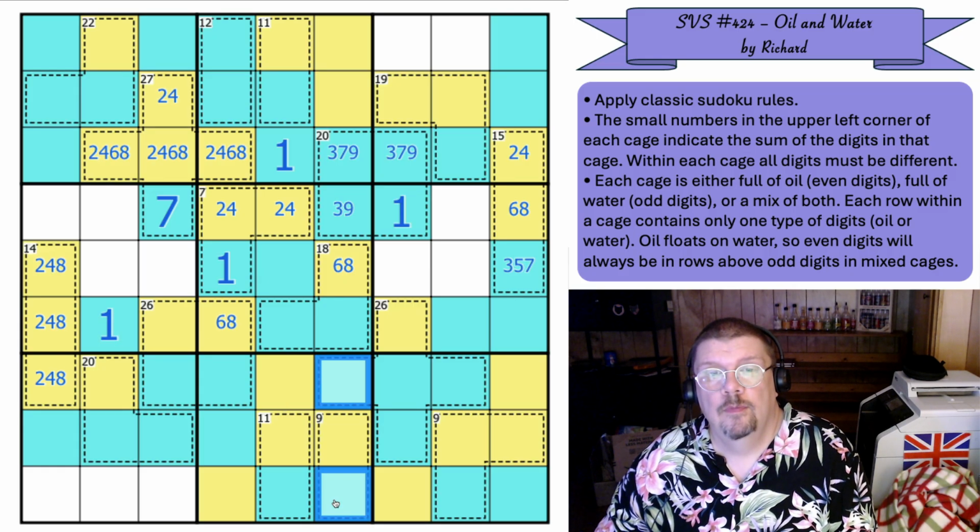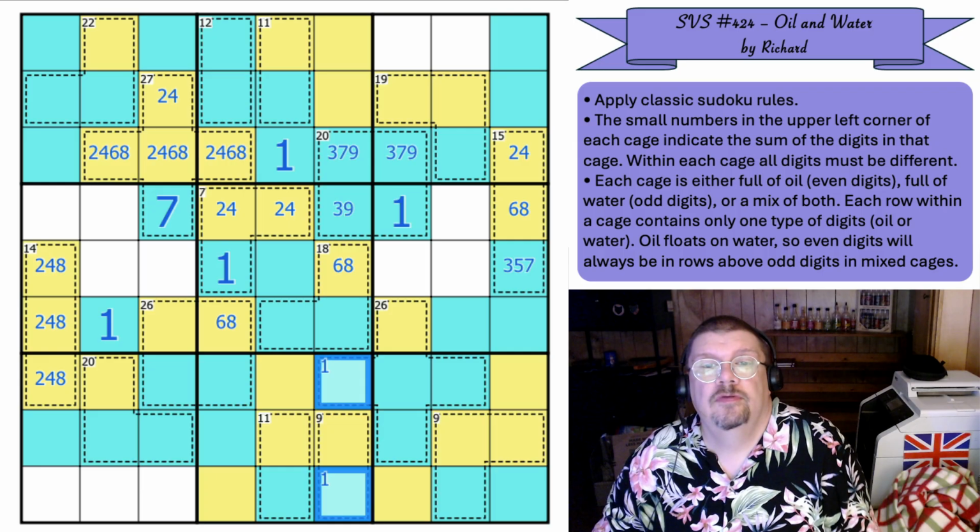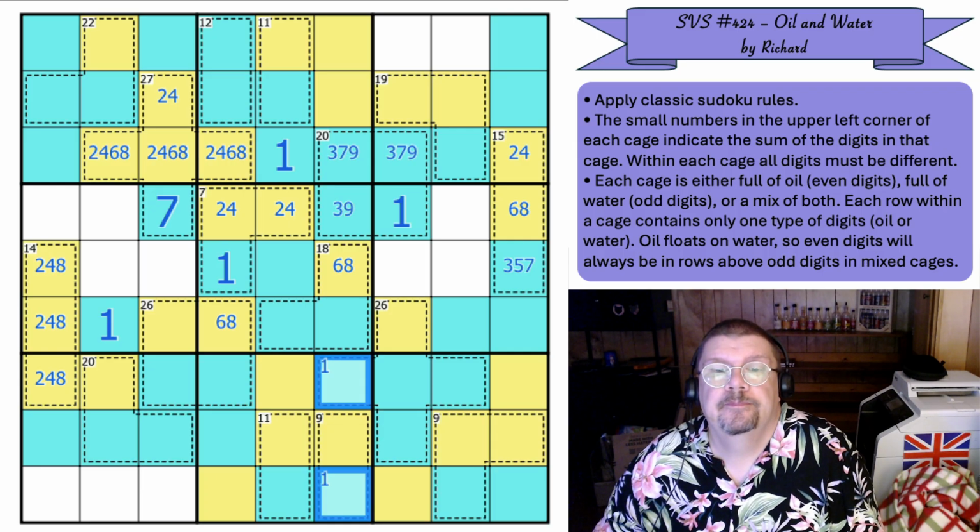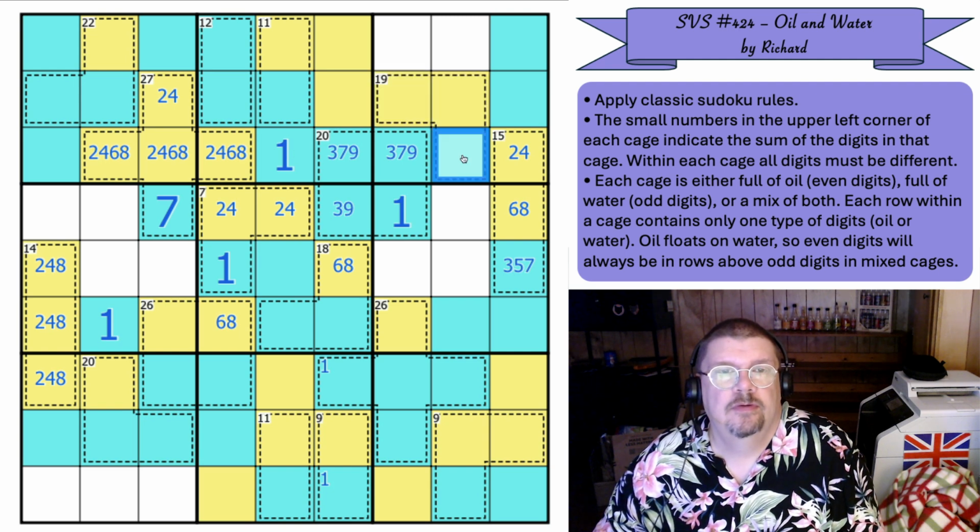And we get a 1 in one of those two. That can't be a 1 by sudoku, so I guess that's fairly evident then.